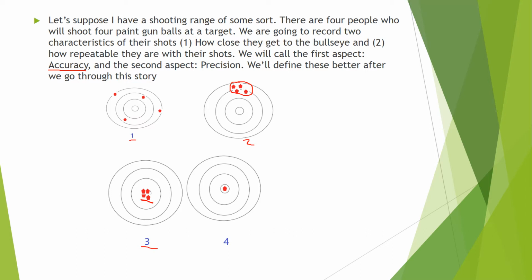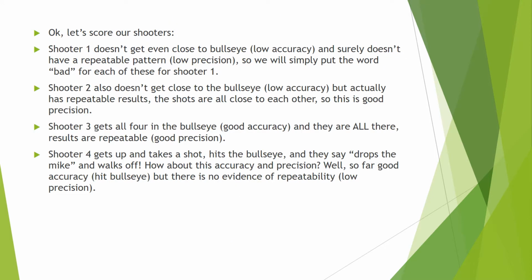Number 4 comes up, shoots, hits the bullseye, drops the gun, and goes, I'm done. I'm really good. How's their accuracy? Well, good. How's their precision? We don't have any idea, because they didn't take another shot. So what we want to do is look at all 4 of these.